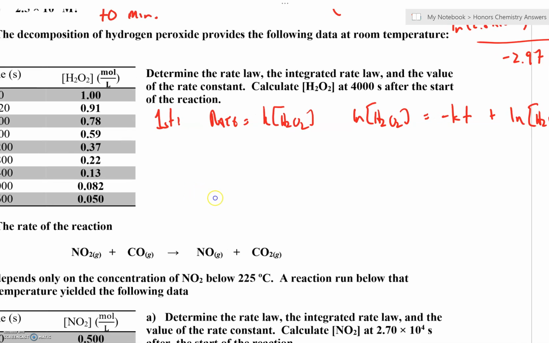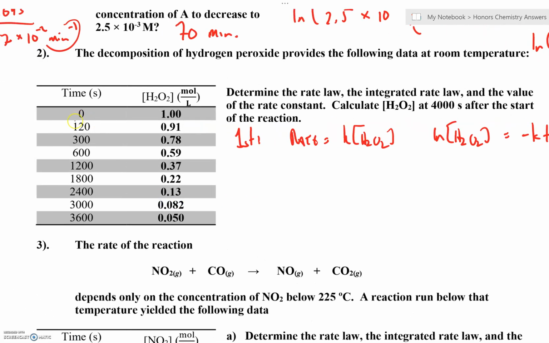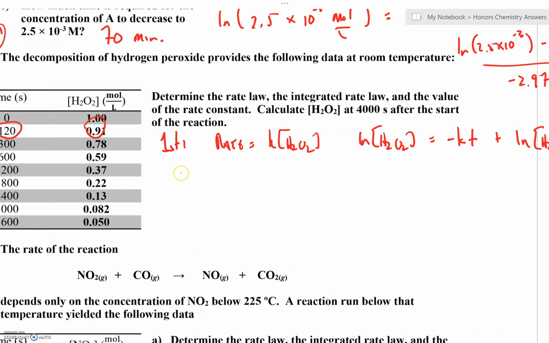So we'll pick a time, let's say 120 seconds, and the concentration is 0.91 at 120 seconds. So we'll say the natural log of 0.91 moles per liter equals negative k, which we don't know, times 120 seconds, plus the natural log of the concentration at time 0, which was 1.